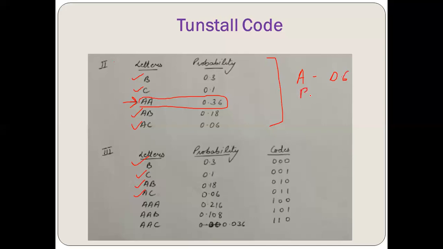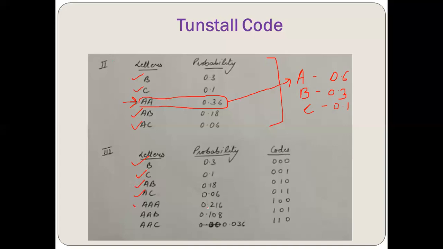B, that was 0.3. And then you had C, that was 0.1. Right? So this was the initial table. Now you have to multiply this AA with the initial table. So what are you going to do? AA multiplied by A, so it will be AAA.